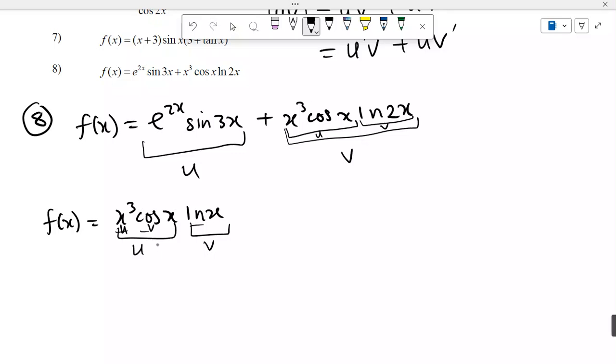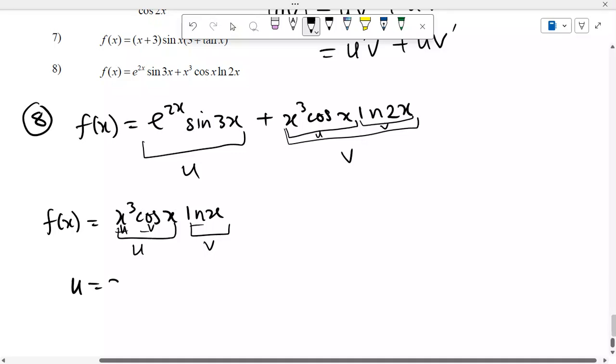Before we differentiate, because if we get u as this, v as this, u prime also uses the product rule. So let's start. U is equal to what? x cubed cos x.